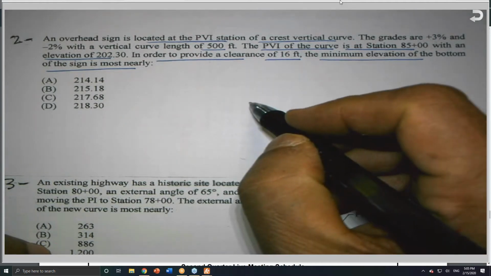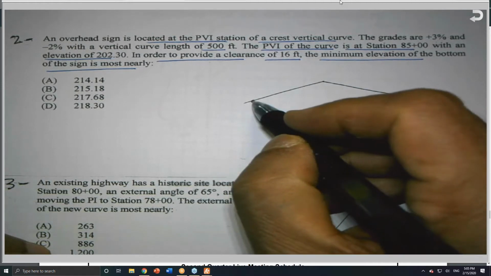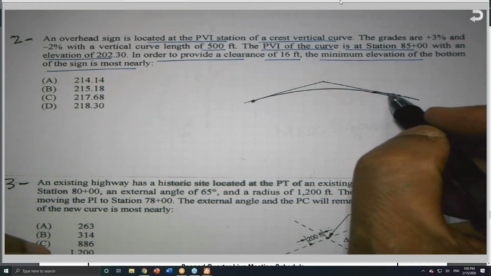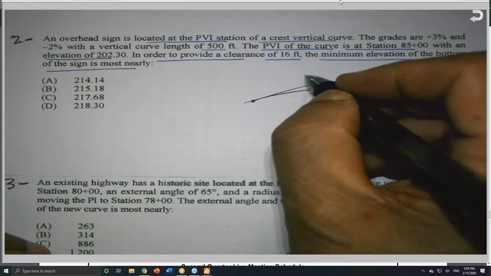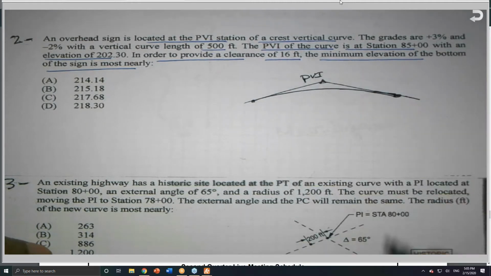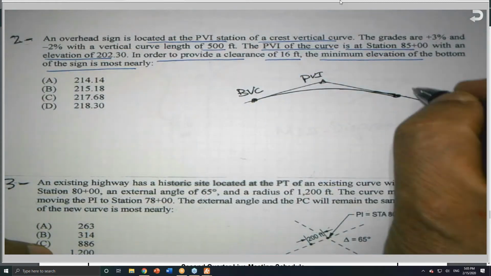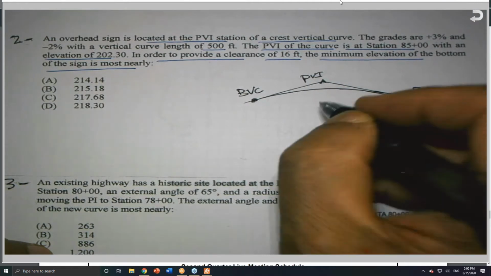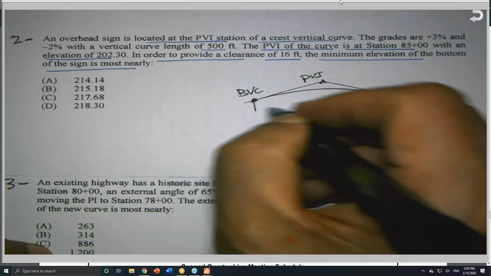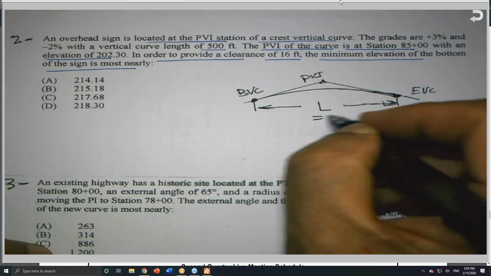So this is a crest vertical curve. This is the vertex, or the PVI, by the way, point of vertical intersection. And this is the beginning of the curve, and this is the end of the vertical curve, EVC. And this is L, as all of you know, the curve length is measured horizontally. So L, he said, is 500 feet.